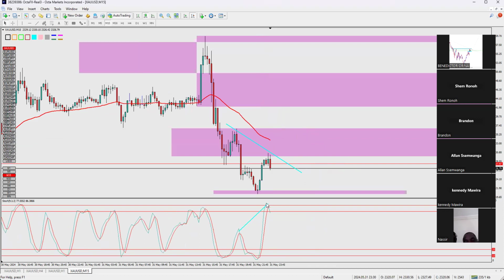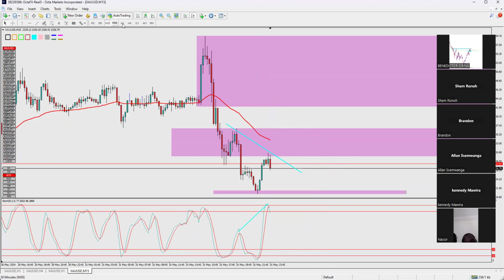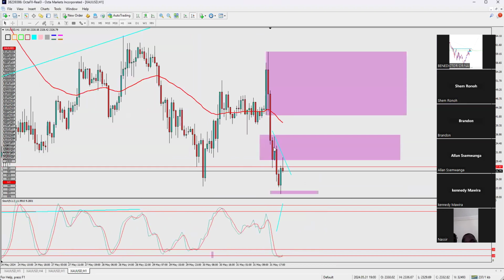So here we're having hidden divergence. I'm expecting the market to continue dropping. Maybe it will drop, then retrace back, but these two zones are marked on H1. This zone right here, the market has already made a weak rejection from it.